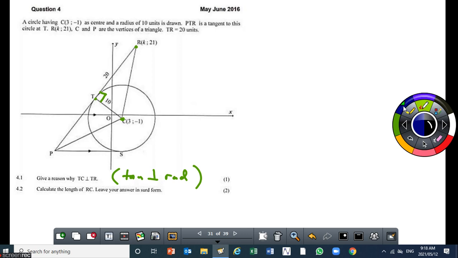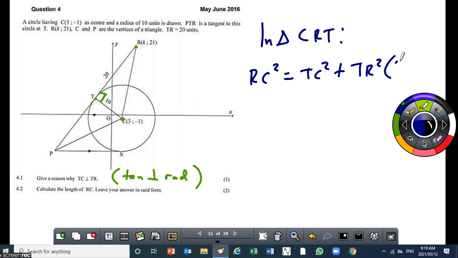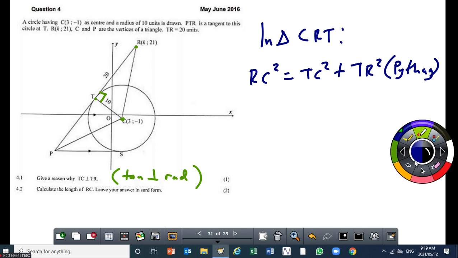So we say in triangle CRT, if I use the theorem of Pythagoras, RC squared is equal to TC squared plus TR squared. And then you write Pythagoras here. If you look at the mark allocation, it is 2 marks.